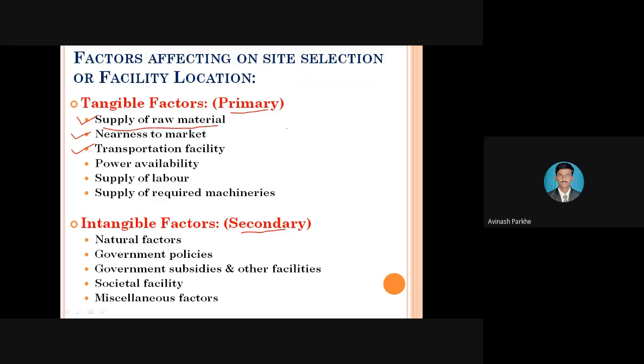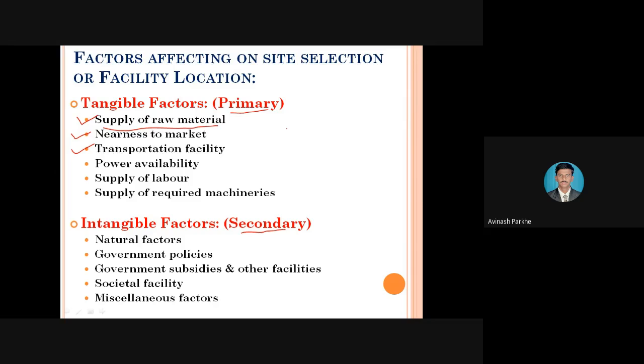If the location of your industry is near rural areas or in some village, you know the condition of the roads in villages. Very small roads are available, and on those roads, if we are taking raw material with heavy trucks and heavy tractors, they face so many difficulties.